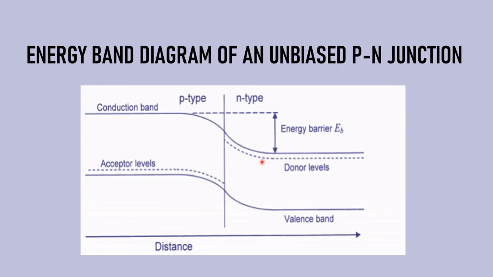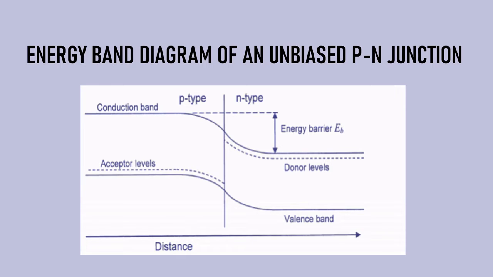This is the conduction band from P-type to N-type and this is the valence band from P-type to N-type. This is the acceptor level and this is the donor level. What is the depletion region? How does the Fermi level lie? We talk about this topic.